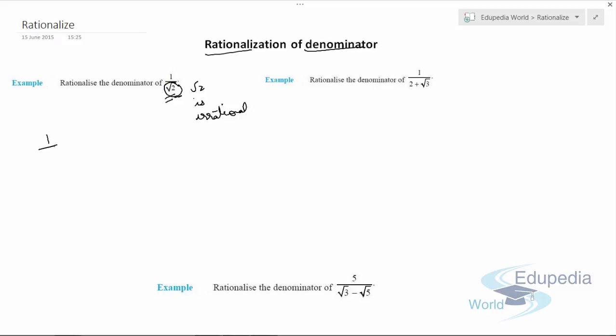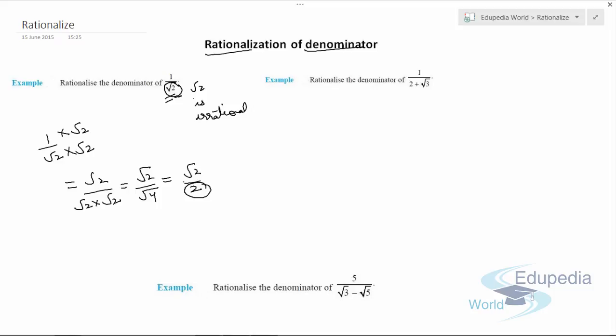Now we are given 1/√2. If we multiply √2 with the denominator and √2 with the numerator, we get √2 upon √2 into √2. So the answer will be √2 upon √4. So the answer will be √2 upon 2.